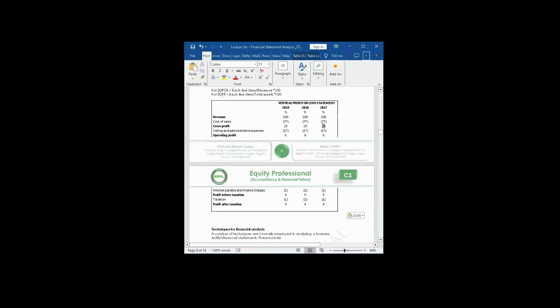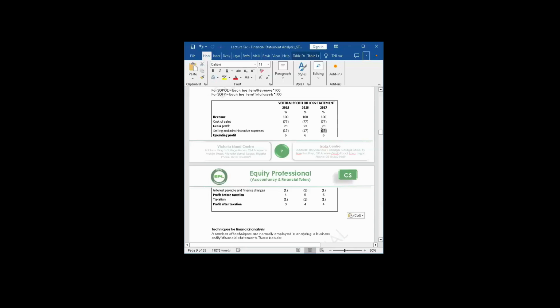For every 100 naira made, only 23 naira is left as gross profit to cater for other operating expenses, after deducting cost of sales. You can see how we are making sense out of it.